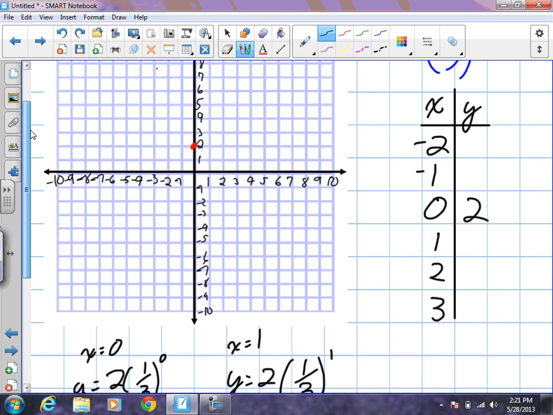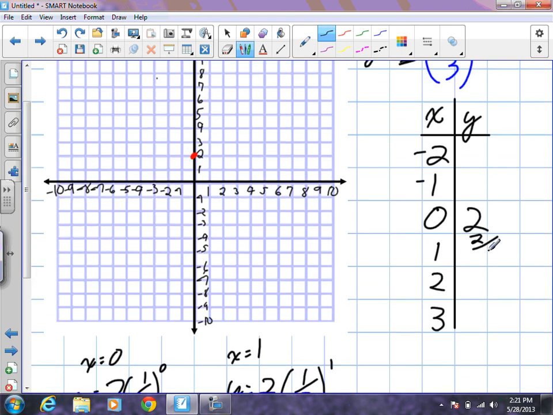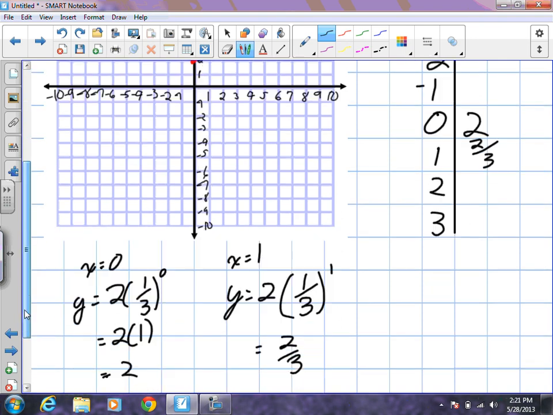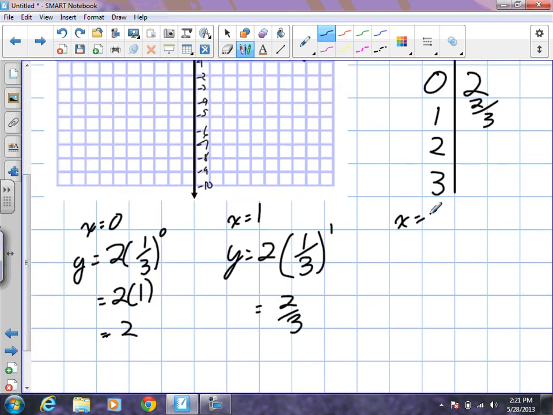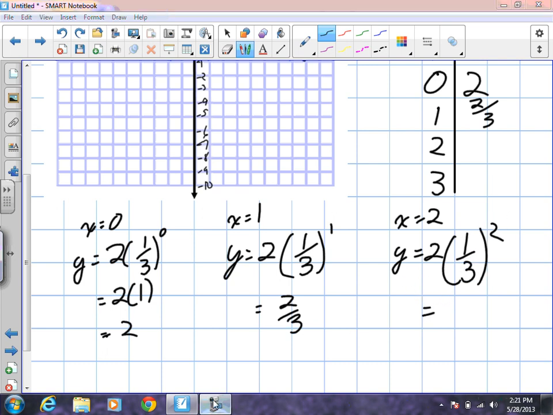That was the negative 1. x at 2: a third squared is going to be 1 over 9, which will give us 2 over 9, which again was our negative 2.